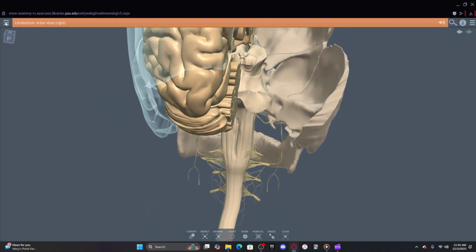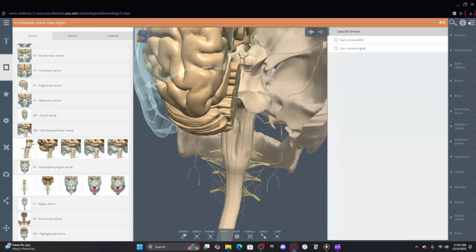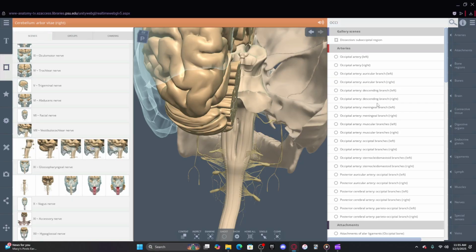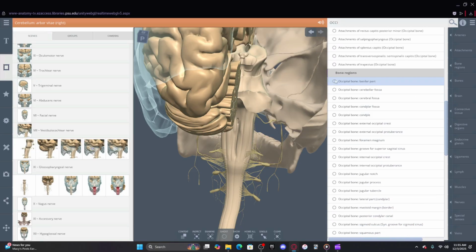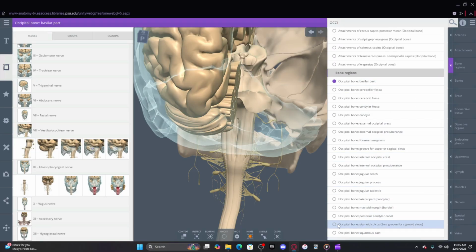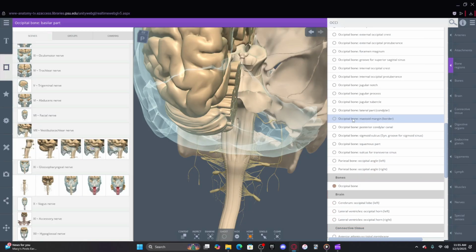Let me get the occipital bone. There we go. Okay.